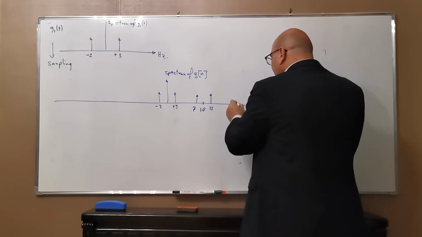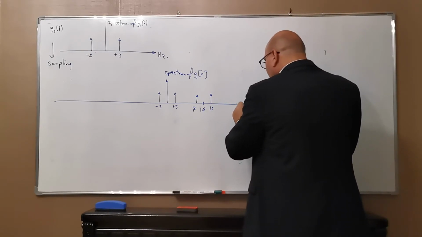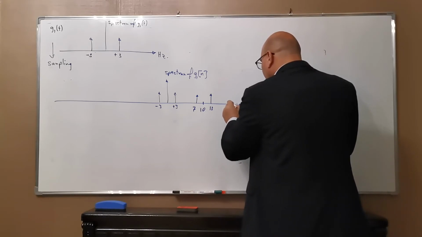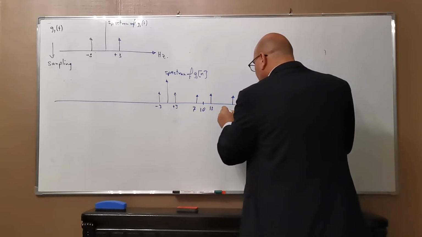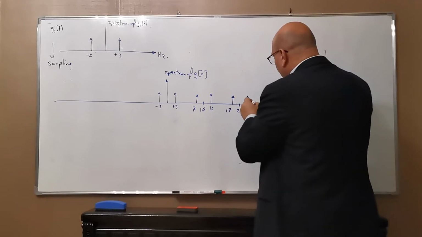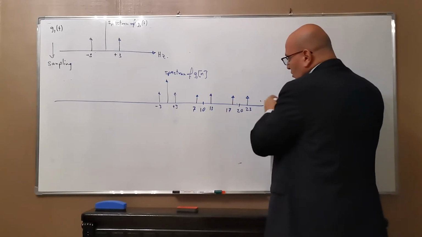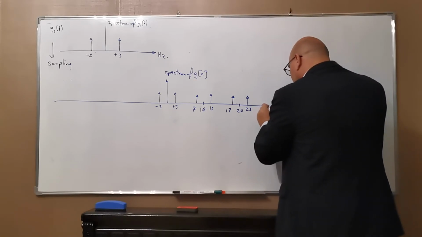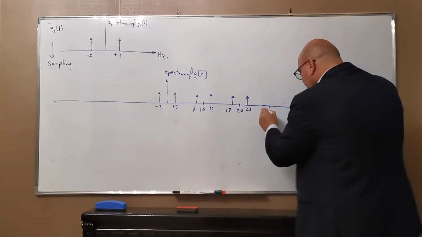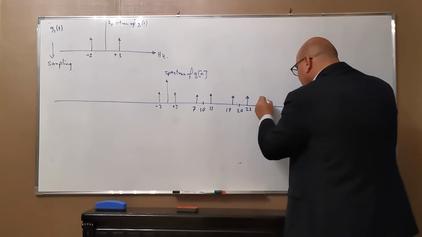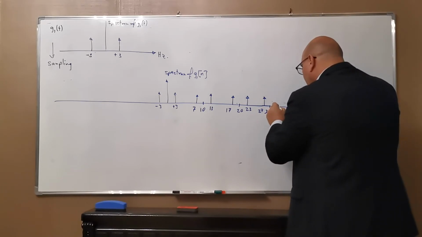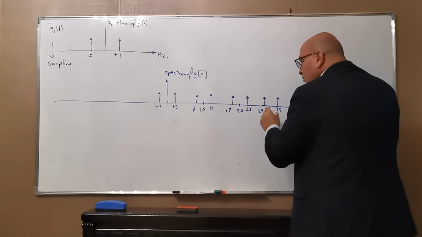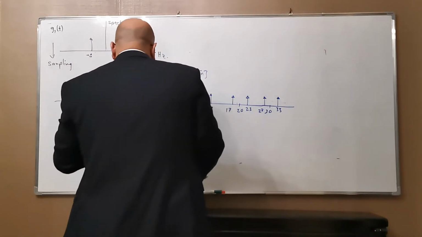And at 20, you will have exactly the same, so at 23 and at 17. So the spectrum repeats itself. Let's take another one, just to be more accurate. I'll take 30, so you'll have 27 and 33. And from the negative side, it's the same.